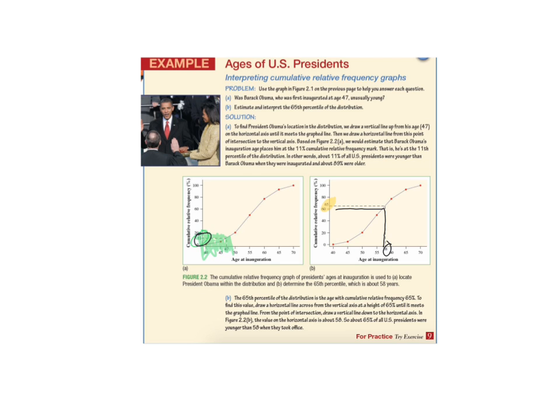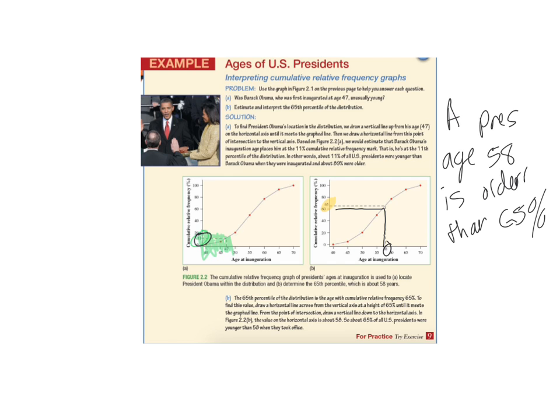That means a president age 58 is older than 65% of the other presidents.